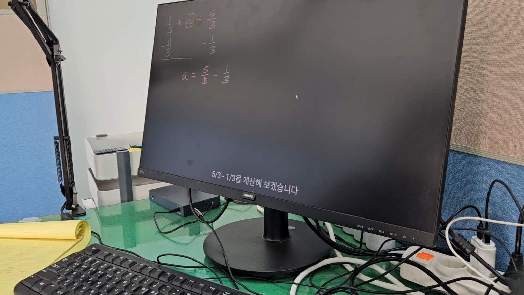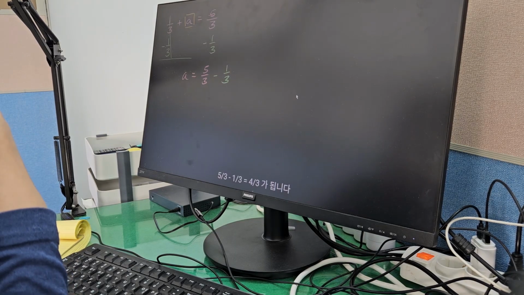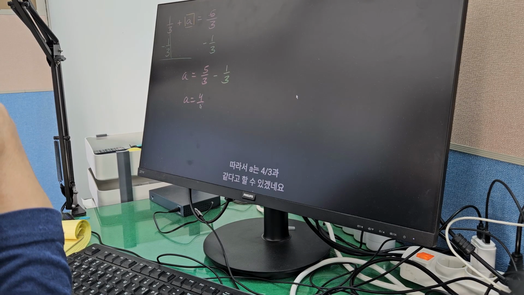I have 5 of something, in this case I have 5/3, and I'm going to subtract 1/3. So I'm going to be left with 4/3. So I could write a is equal to 4/3. And you could check to make sure that works. 1/3 plus 4/3 is indeed equal to 5/3.